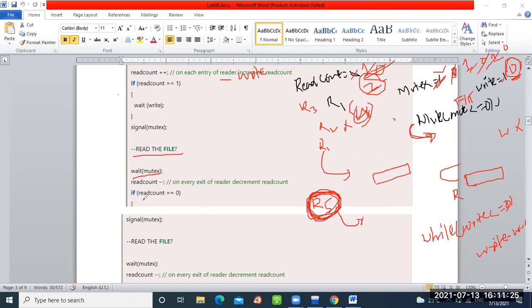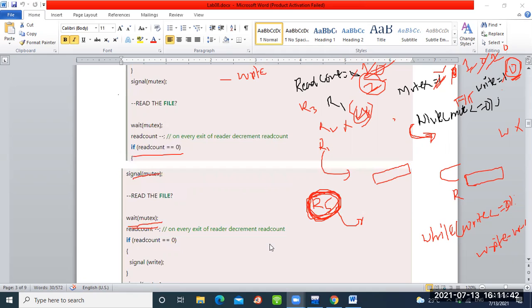So what we are doing: if read count equals 0, now you can see I'm calling signal of mutex. Then that means we are releasing the mutex and just coming out of it.